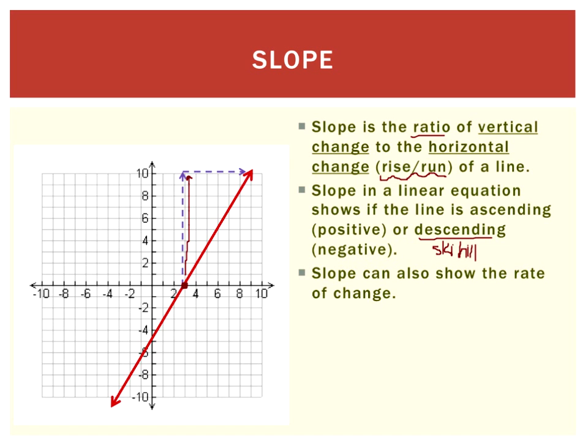Go ahead and type in how many units I have risen up. Great, thanks Wendy, 10 units, because I started here at 0, and I went all the way up 10 units. So my rise in this case is 10.